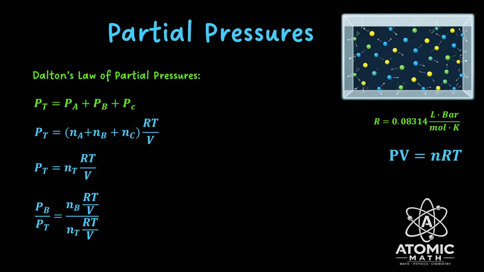Pressure B over pressure T is equal to the number of moles of B times our constant values divided by the total number of moles in the container times our constant values. And of course, these things are just going to cancel out. And we're going to be left with the ratio of the pressure for gas B is equal to the ratio of the number of moles for gas B. And this is usually given the symbol X, and it is called the mole fraction.